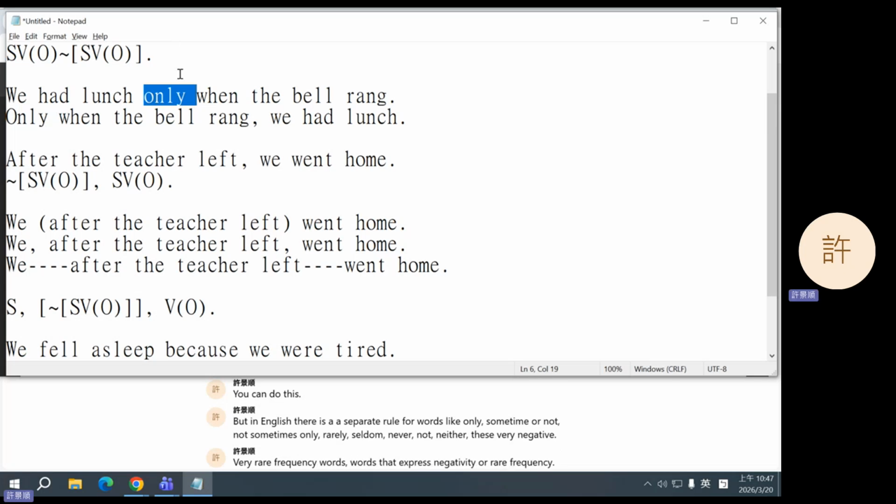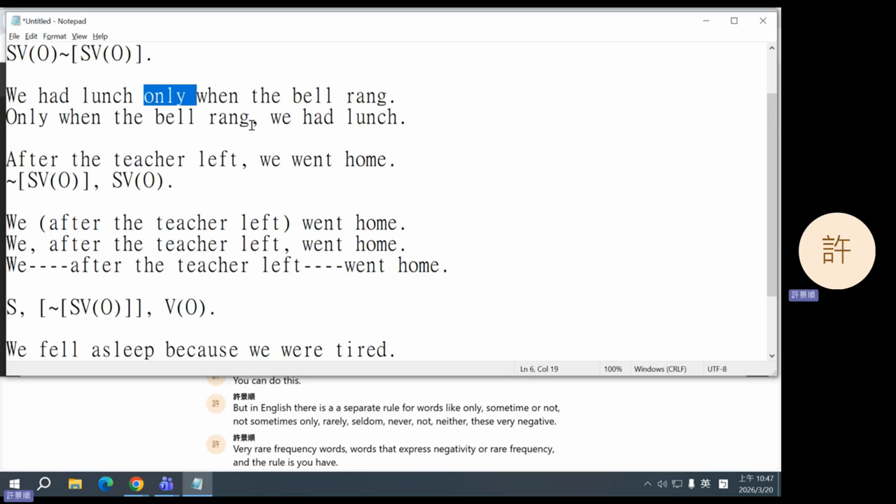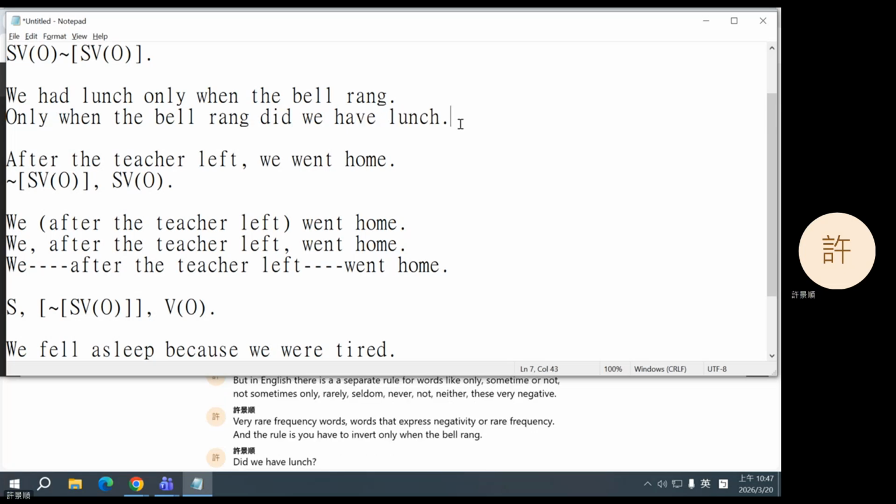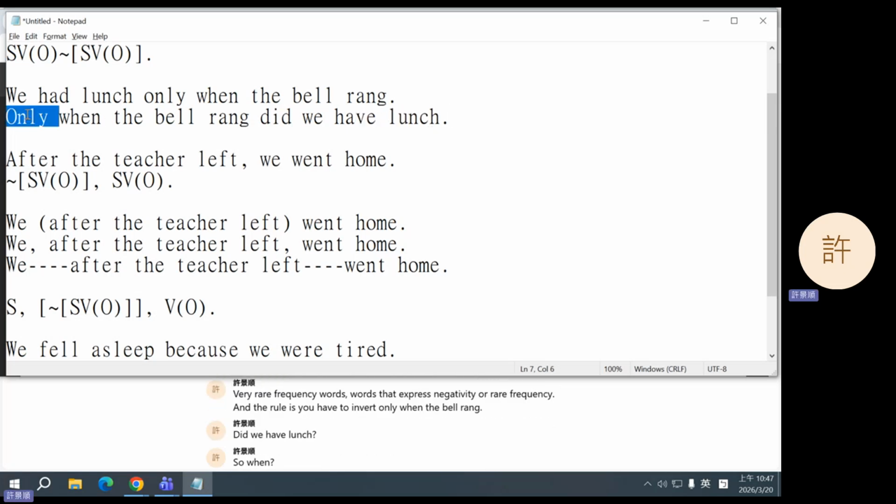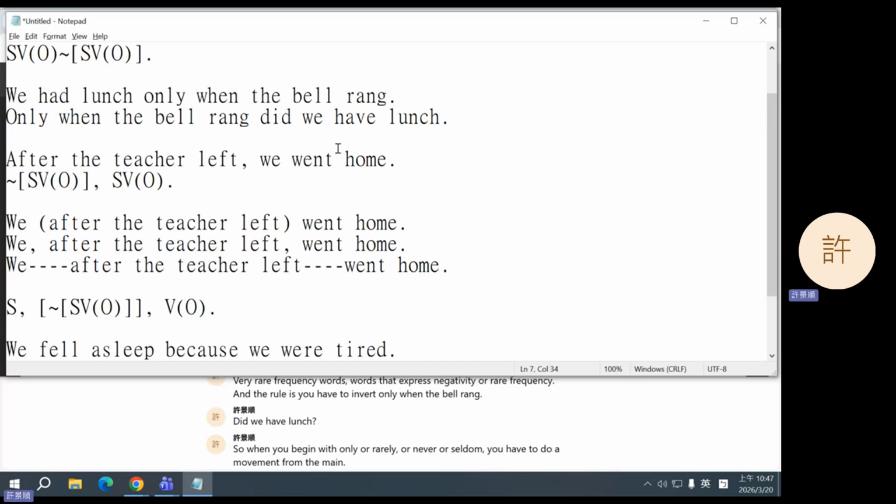And the rule is you have to invert. Only when the bell rang did we have lunch. So when you begin with only or rarely or never or seldom, you have to do a movement from the main verb phrase to the T position.